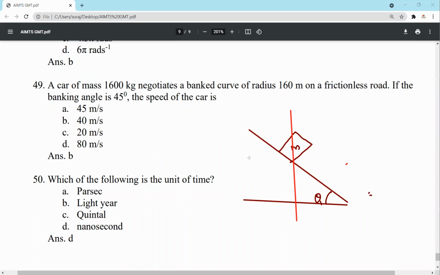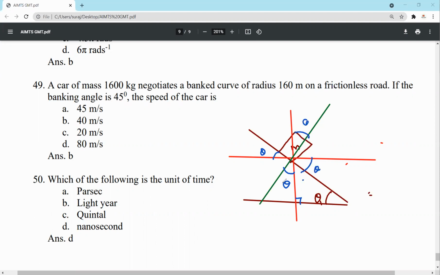This is one axis and there is another axis. So here this is theta, this is 90 minus theta, this is theta, theta.